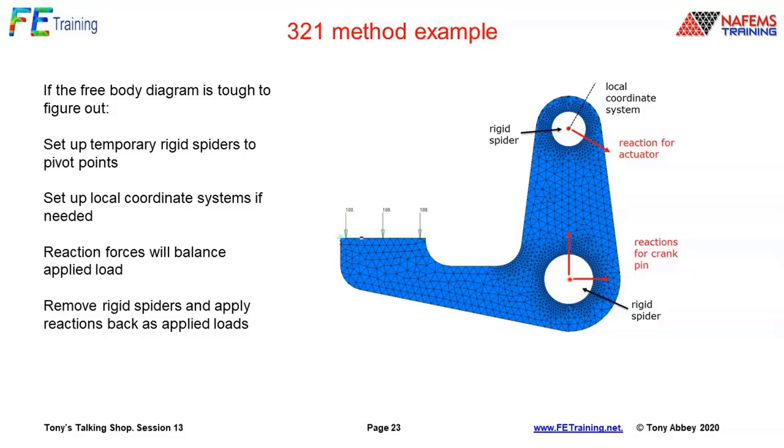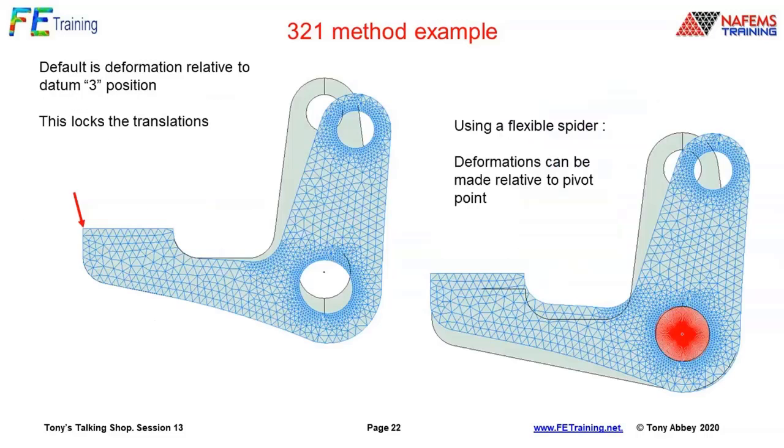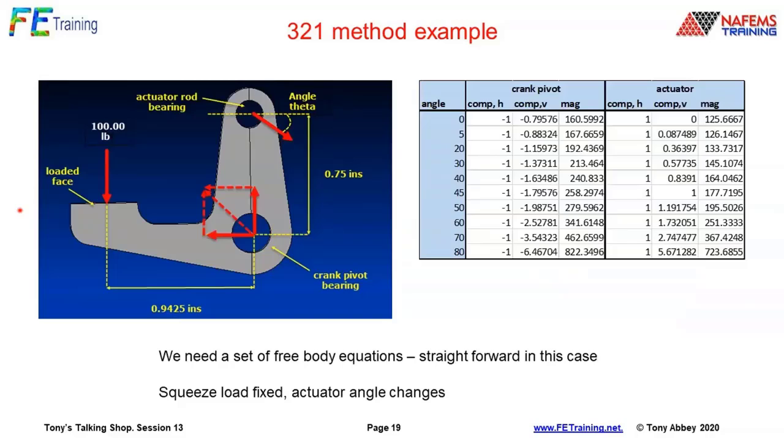What comes out is the reaction forces. Now, the stresses are junk. I'm not interested in those. What I'm going to grab is these reaction forces and put those back in as applied loads. So I'll take those reaction forces and put them back in as these loading actions in here.